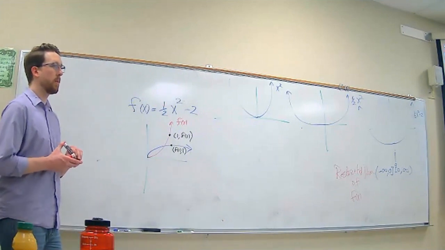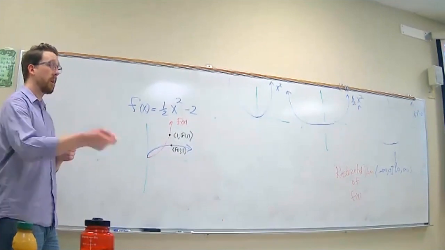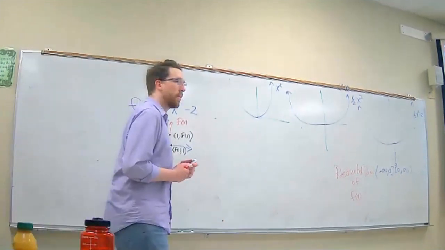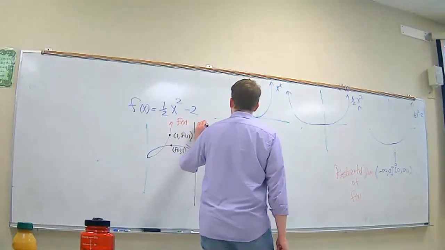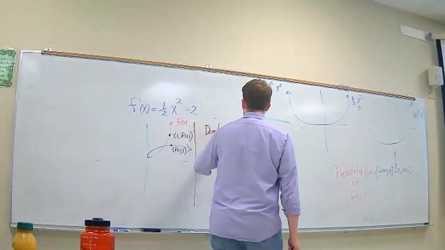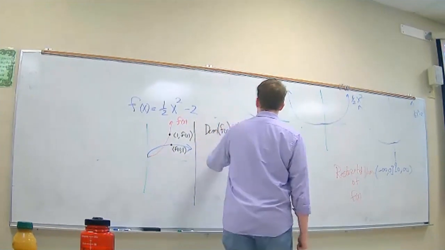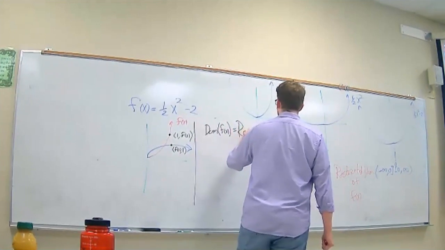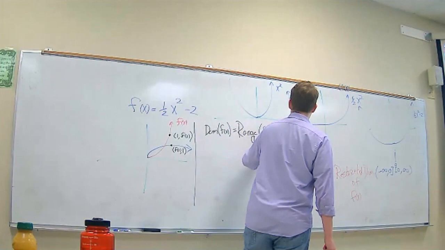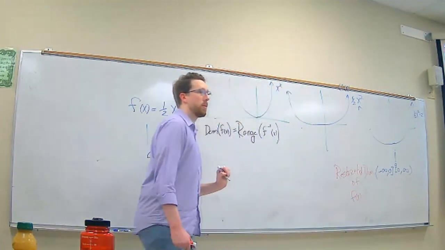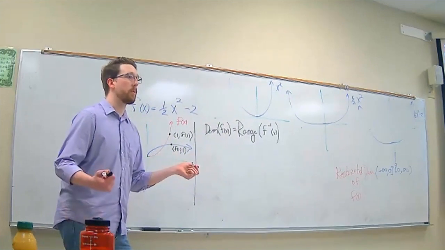So just, when we find the inverse, don't we flip x and y and solve? Yes. So what this means is that the domain of f of x is equal to the range of f inverse of x. Because we're just swapping the values, right?